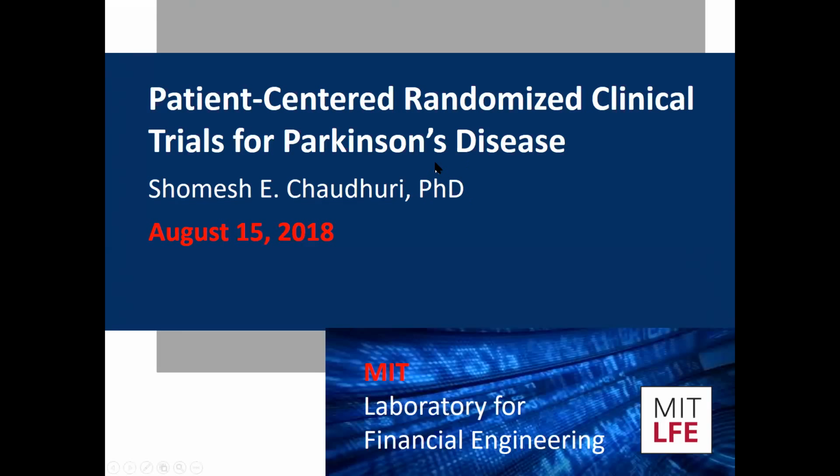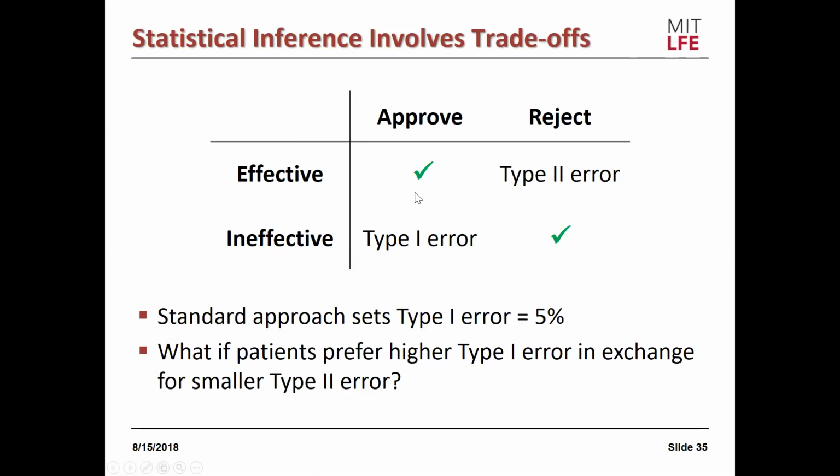So I'll begin with a quick review of clinical trials. One of the main goals of a clinical trial is to reduce the number of mistakes we make in the form of type 1 and type 2 error.